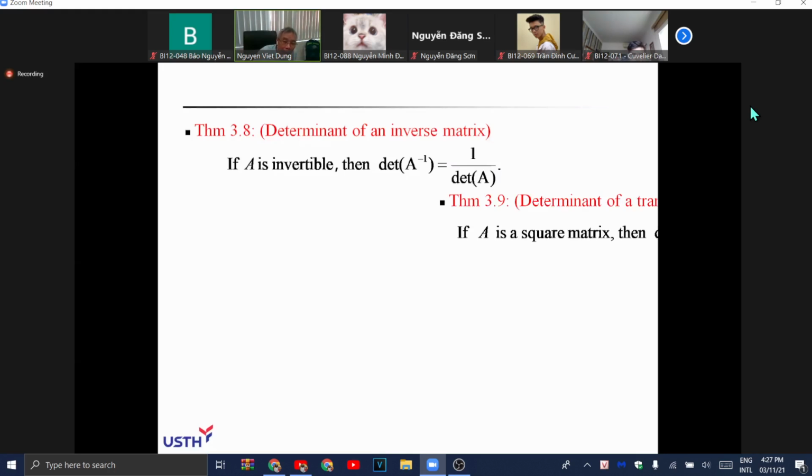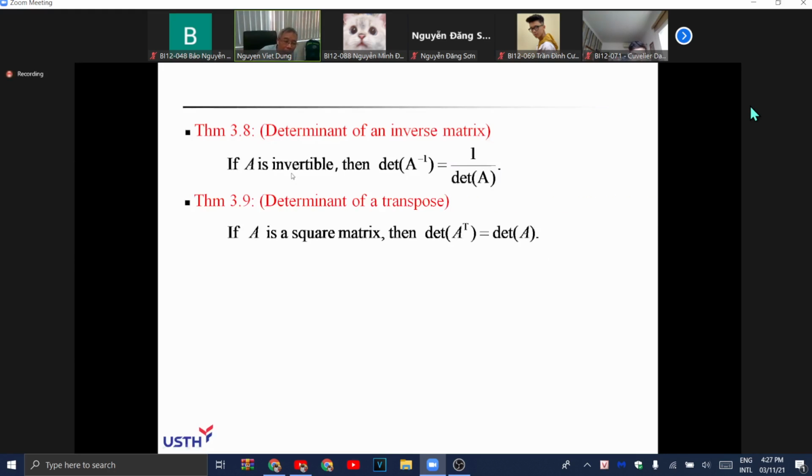Then more than that, if A is invertible, then the determinant of A inverse will be 1 over the determinant of A. You can imply that from the previous slide, so I will not repeat it here.